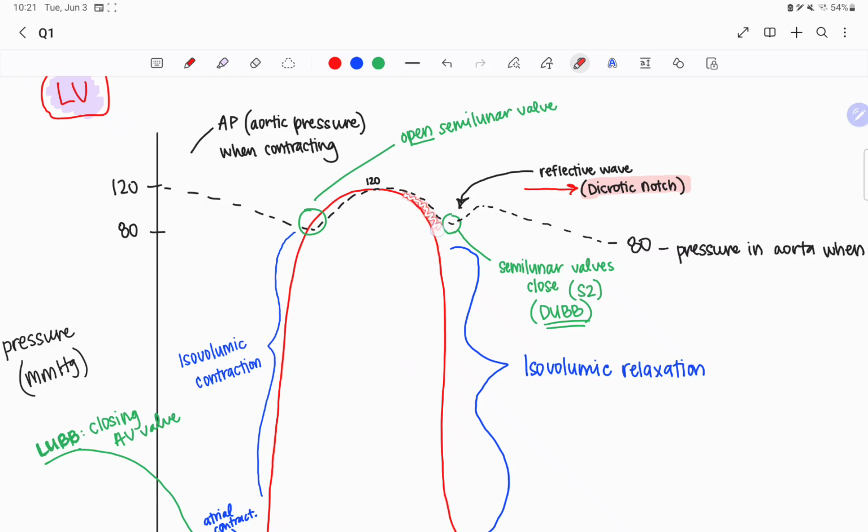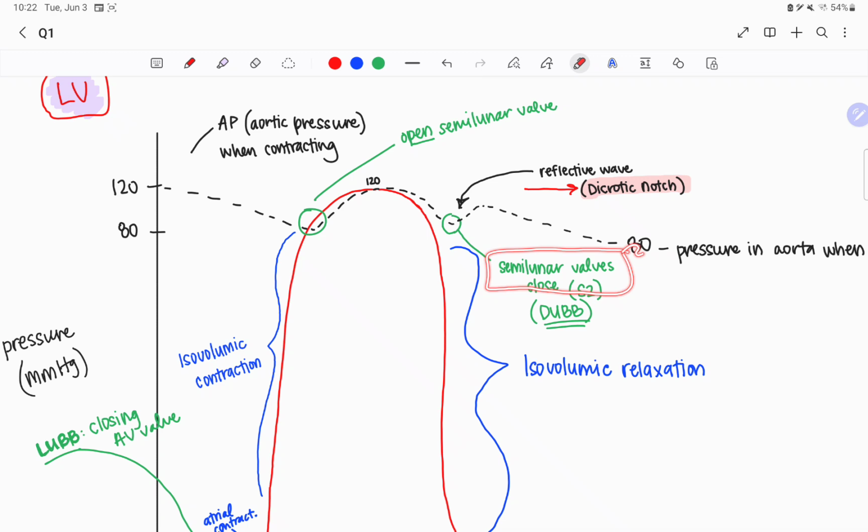So kind of this area right here, I didn't draw it super well, but right here, the aorta has more pressure, and so then it closes the semilunar valve, okay?